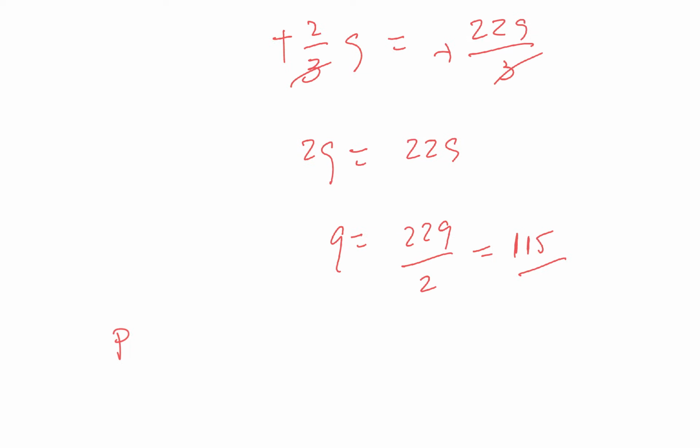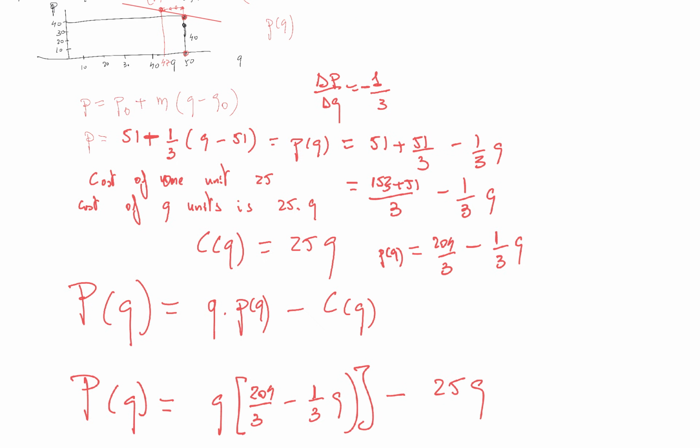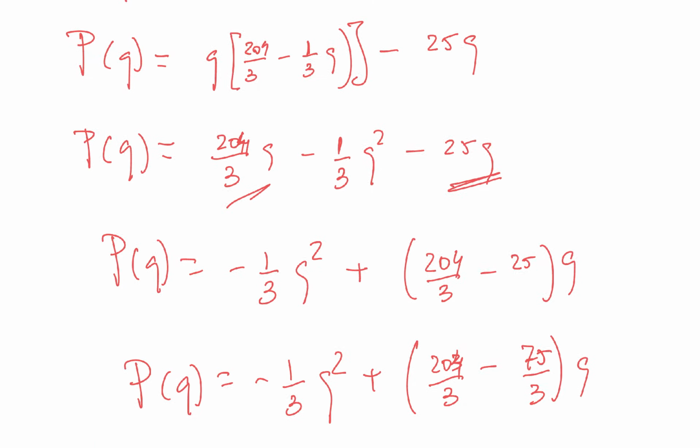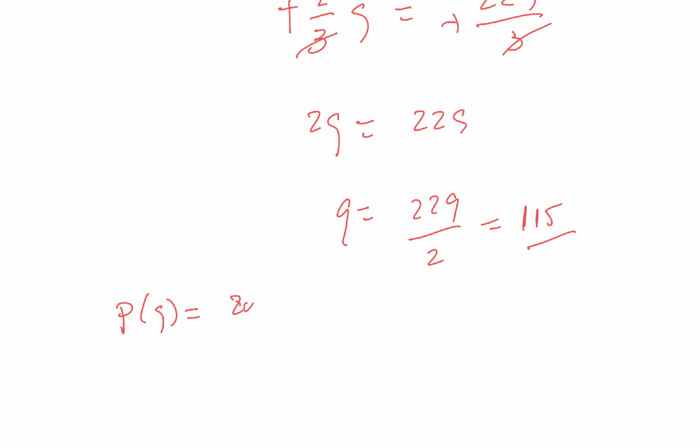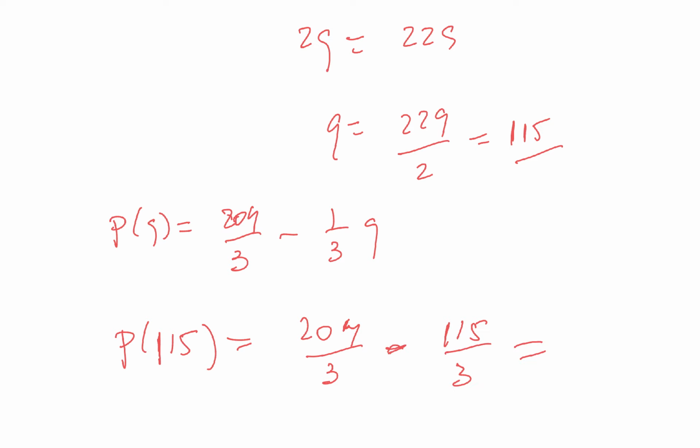So what is the price P for this quantity? The price P of Q is this expression, this straight line, 204 divided by 3 minus 1/3 of Q. So if Q is 64.5, the price when the quantity is 64.5 is 204 divided by 3 minus 64.5 divided by 3.